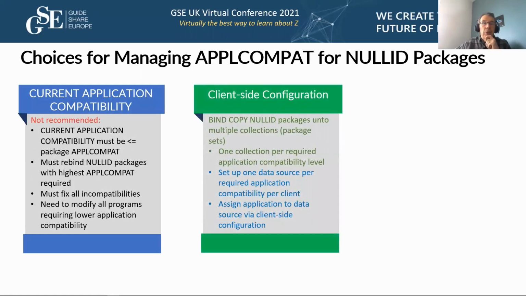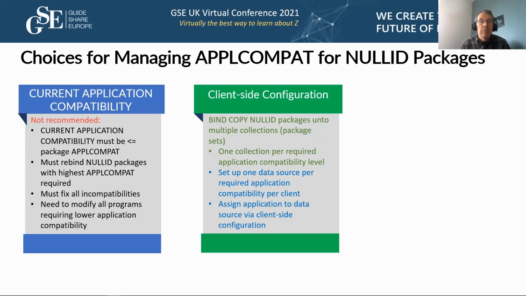Now, the next option, in general terms, is client-side configuration. Essentially what you need to do for that is to bind copy the null ID packages into multiple collections or package sets. To do that, you need to have one collection per application compatibility level that you're going to exploit.